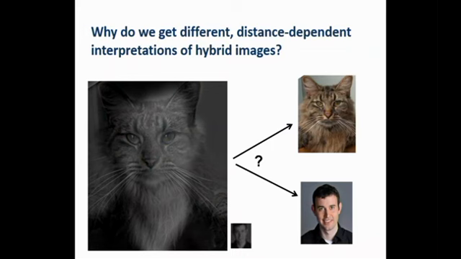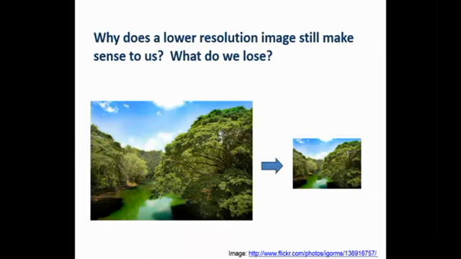So we need to understand frequency to understand how it's possible to create an image where you interpret it differently depending on your distance. And then finally, why does a lower resolution image still make sense to us? We take it for granted that you can just shrink an image and it still looks like the same image but smaller.